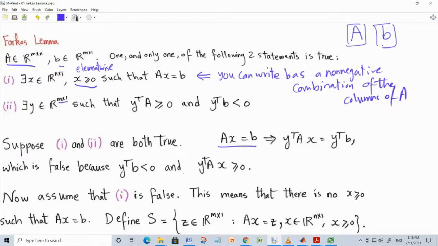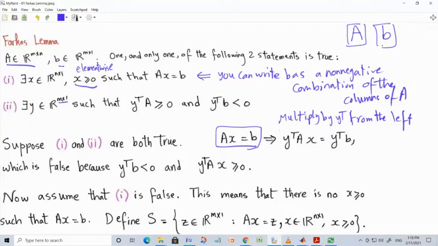Then you can find the non-negative vector x such that Ax is equal to b, but at the same time, you can also find a vector y such that y transpose A is greater than or equal to 0 and y transpose b is less than 0. So you start with Ax equal to b and multiply by y transpose from the left, because you're assuming that both are true.